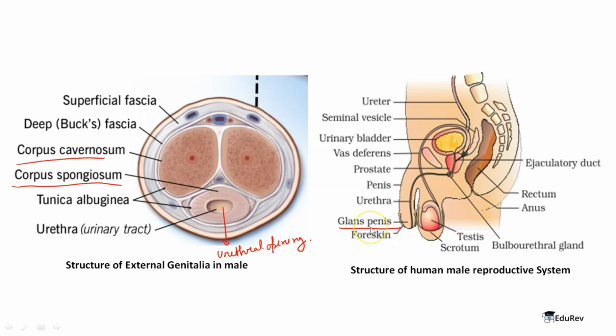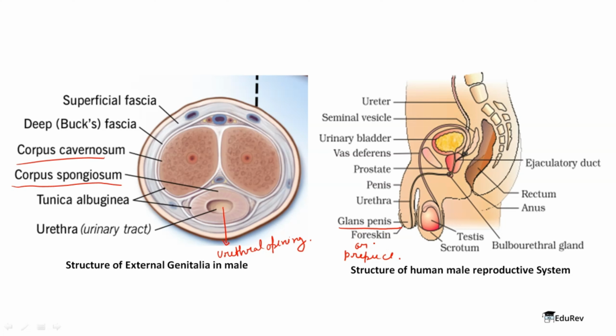This tip is lined by a retractile fold of skin called the foreskin, or prepuce. In this prepuce, there is a gland known as the preputial gland or the Tyson gland, which secretes a white fluid called smegma that has a characteristic odor.